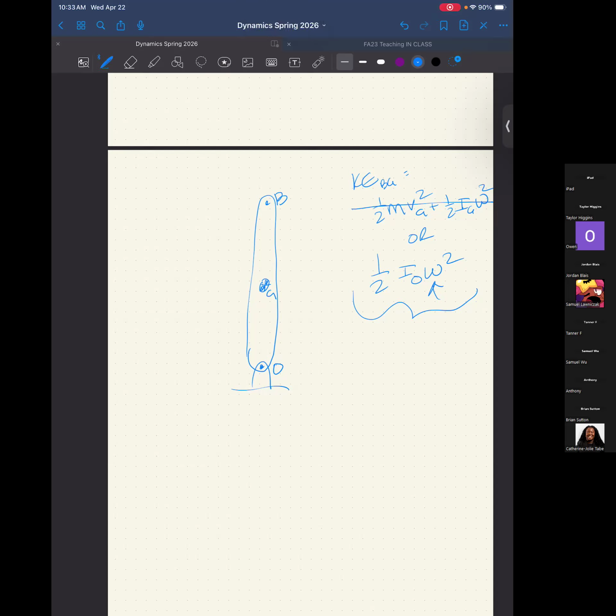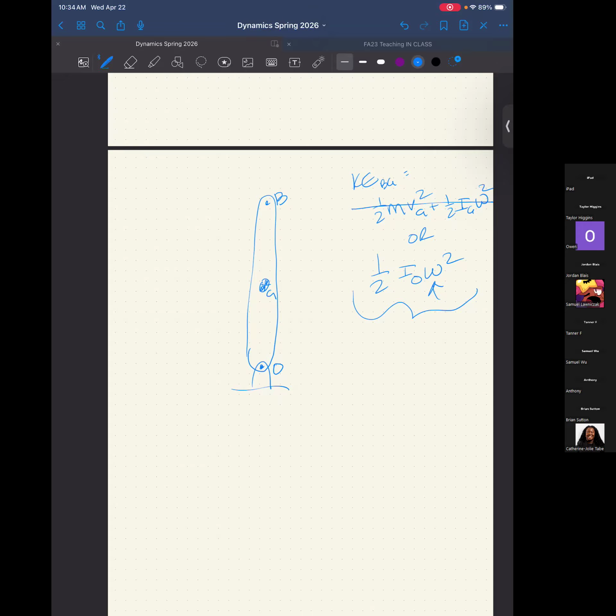Could you show the setup for question 1 on the practice problem? Yes. I just need the free body diagram, so I don't keep mixing up the placement of where things are. Sorry, which problem?